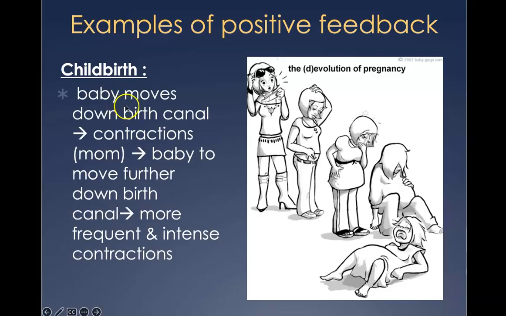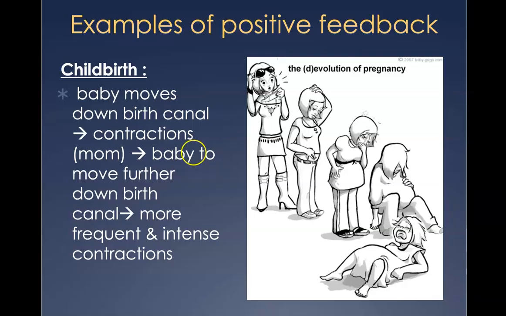During childbirth, the baby will move down the birth canal. As the baby moves down the cervix into the birth canal, it's going to stimulate a release of hormones that are going to cause contractions. As the uterus contracts, that's going to push the baby even farther down the birth canal, releasing more hormones, causing even more contractions, more frequent and more intense contractions.